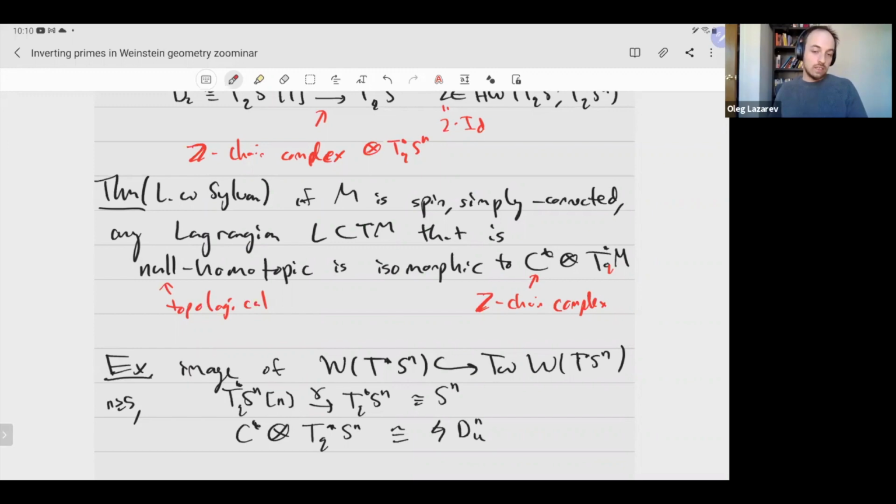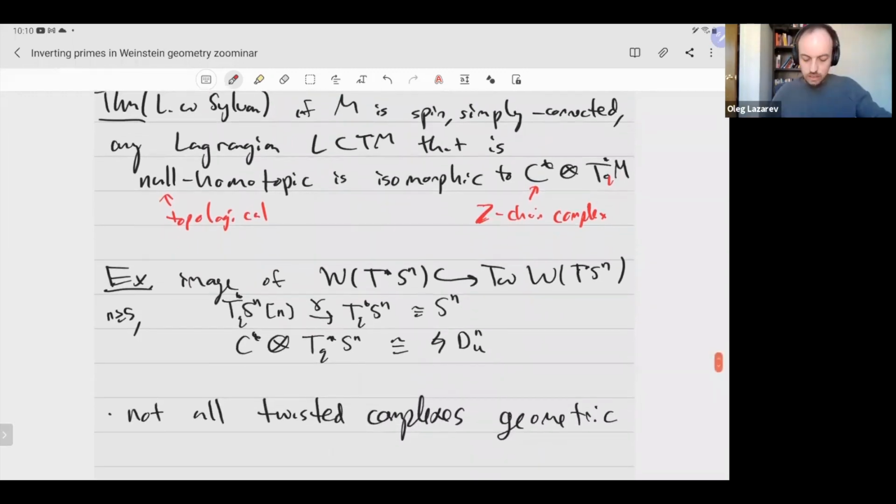There's either closed exact Lagrangians, and the only one we know is isomorphic to the zero section, or there's Lagrangians with boundary, and those all turn out to be null homotopic. Like any manifold with boundary in T star S^n is actually null homotopic, and so it's going to be isomorphic to one of these Z chain complexes tensor fiber.